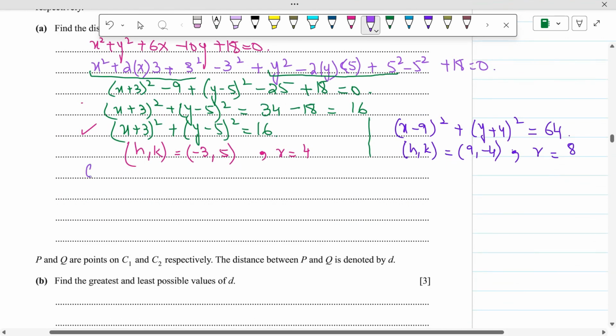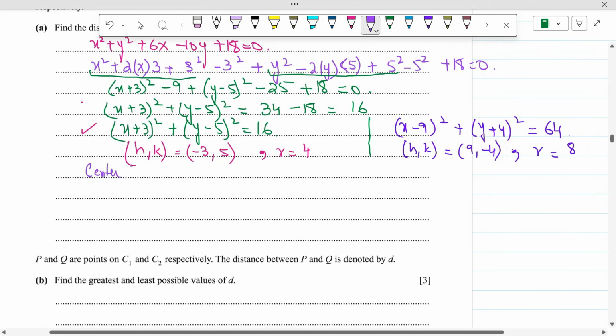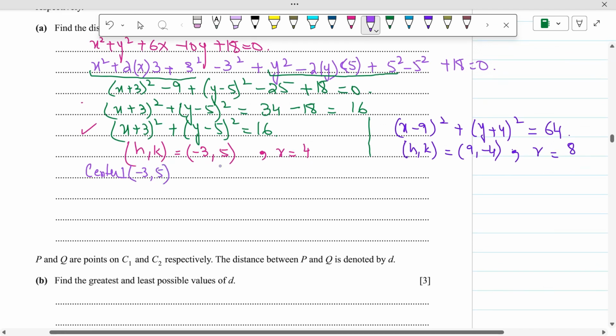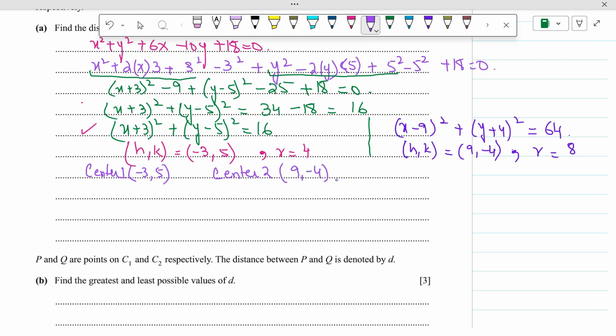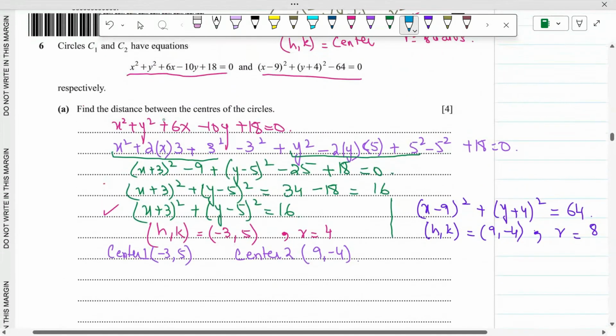We have the center 1, which is negative 3 and 5, and center 2, which is 9 and negative 4. So by applying the distance formula, we can find the distance between the centers of the circles.